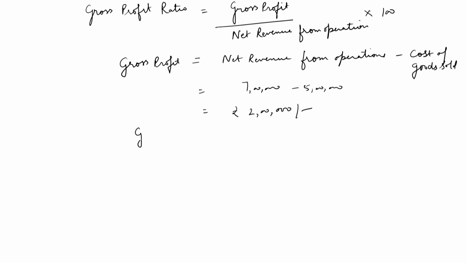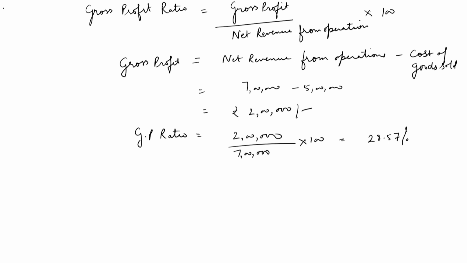Now, the gross profit ratio is 2 lakh divided by the net revenue, that is 7 lakhs, multiplied by 100, which comes to 28.57%.